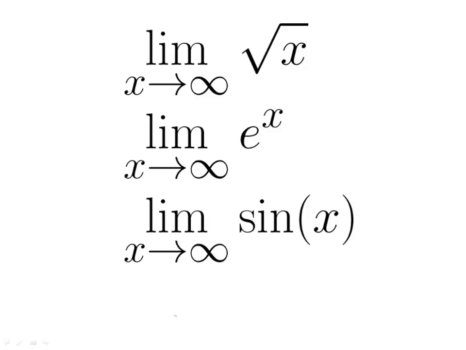Okay, so here are a couple examples that we're going to go over. Let's look at the limit as x approaches infinity of square root of x. If you think about the graph, it looks a little bit like this, and it shoots off to infinity, right? So this is going to equal infinity.